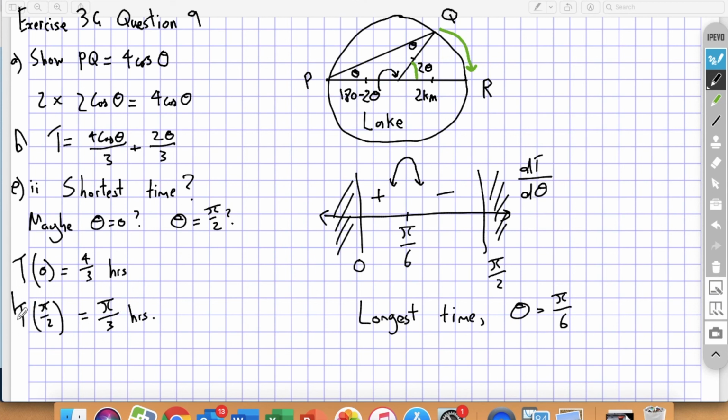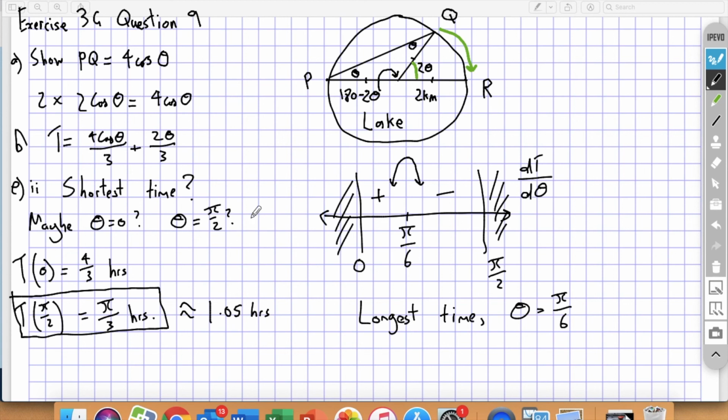This one here is shorter. If you took pi, it's only just over 3, 3.14, divide it by 3, you're at somewhere around the 1.05 mark. So it's shorter than 4 on 3 hours. So this is the answer we're looking for.